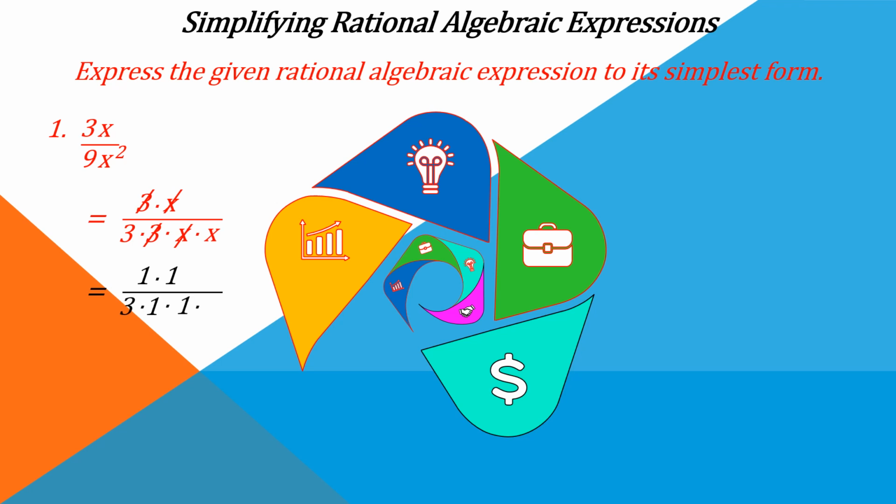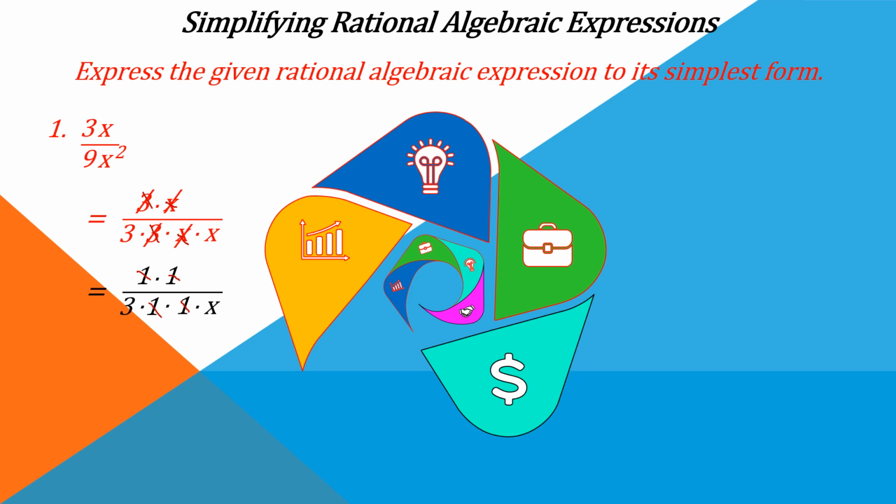So 3 over 3 becomes 1 over 1, and x over x becomes 1 over 1, because any number divided by itself is equal to 1.